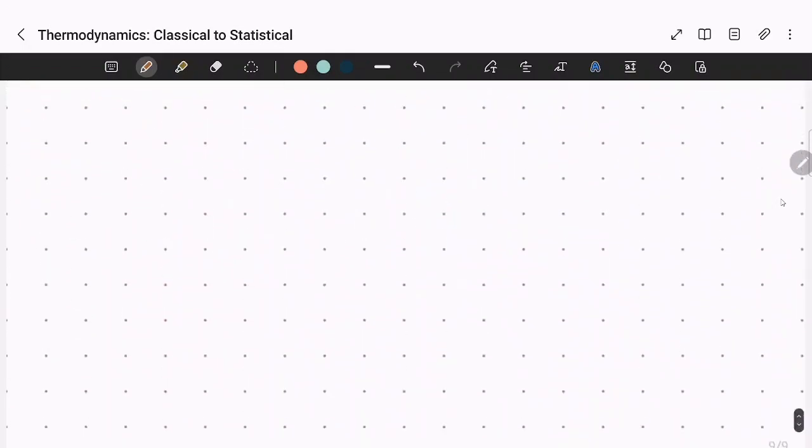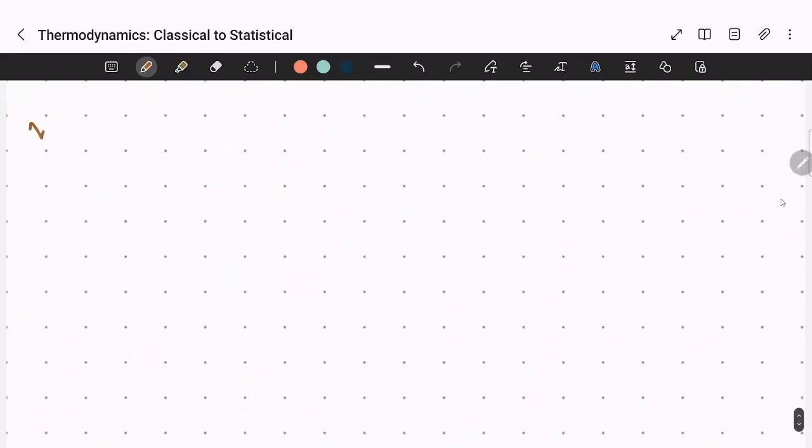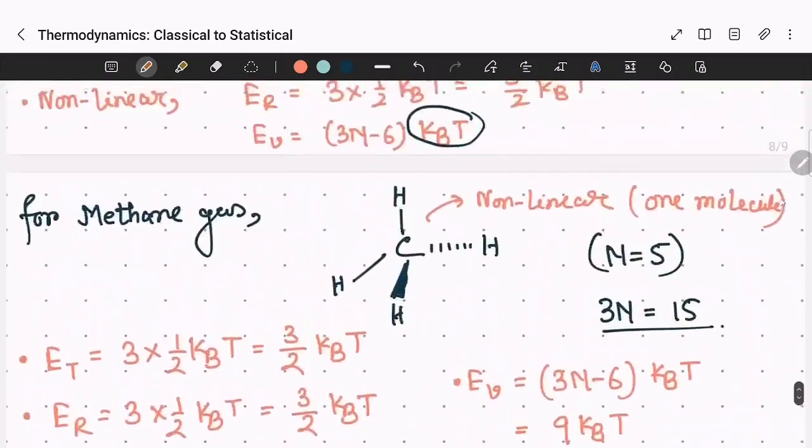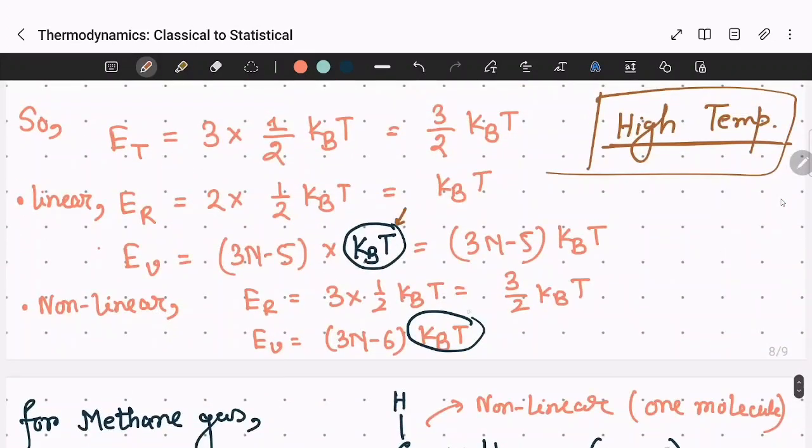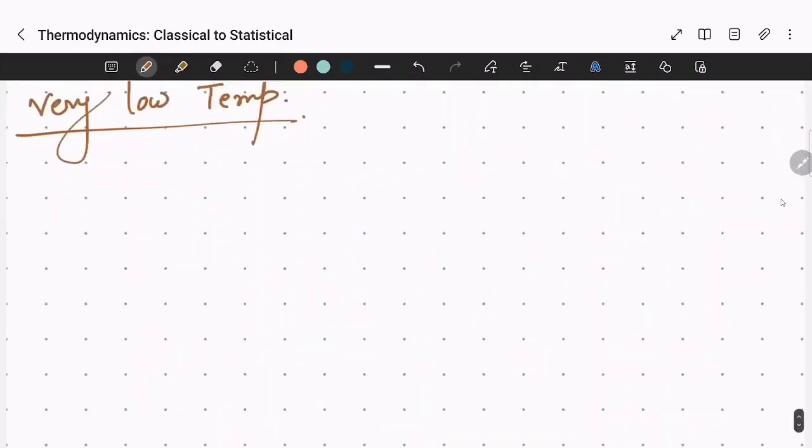If it is very low temperature, everything will be the same. What will just change? The contribution of vibrational energy, this Ev, will change.